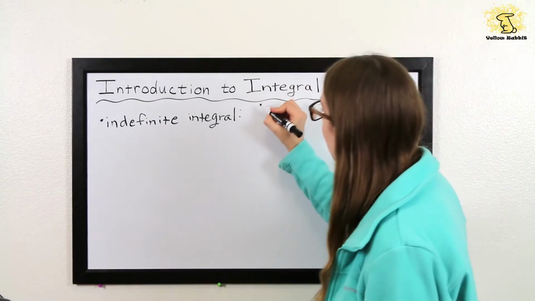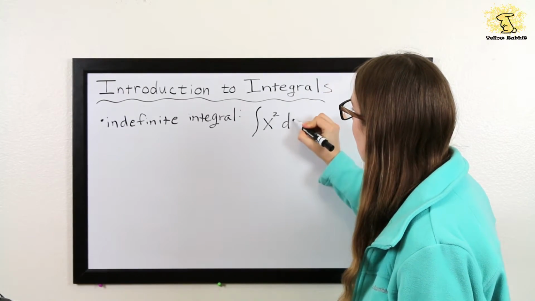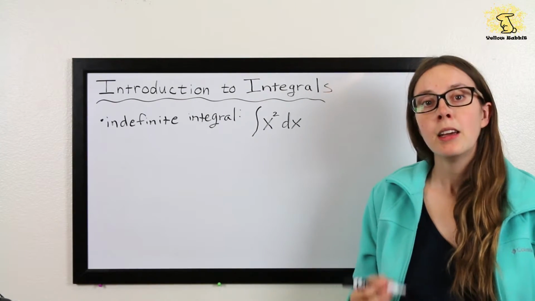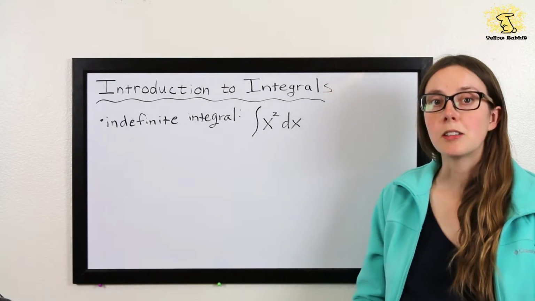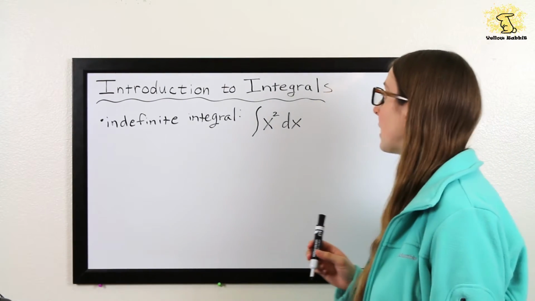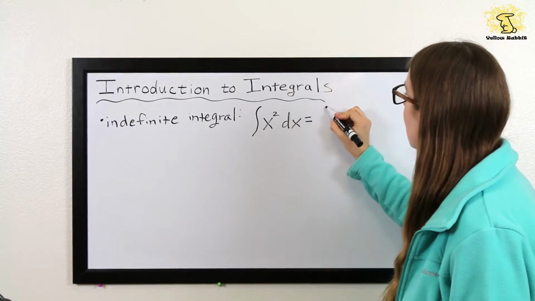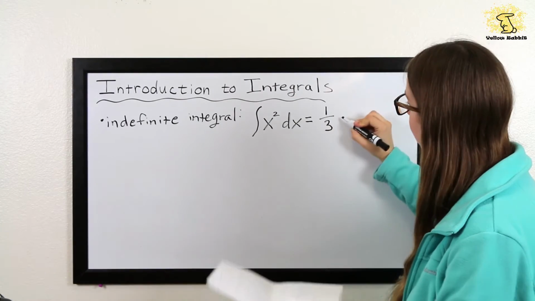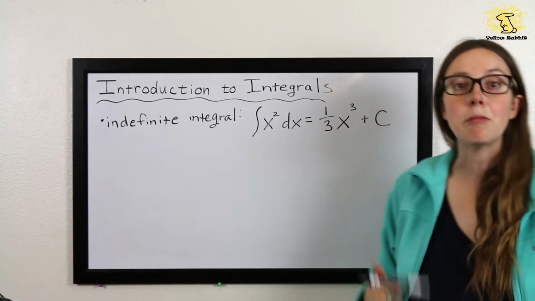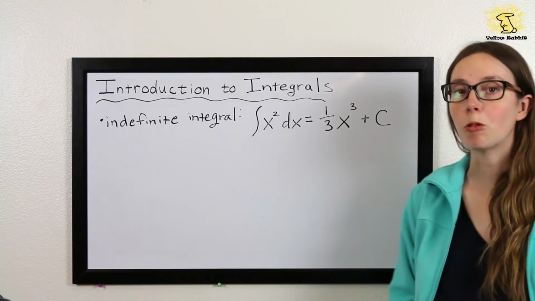So for example, if I were to simply write integral of x squared dx without limits, this would be an indefinite integral. The solution to an indefinite integral is always simply the antiderivative. So since we've already evaluated the antiderivative of x squared, I can simply write the solution to this integral is 1/3 x cubed plus constant c, whatever the constant is, so exactly the antiderivative we found before.